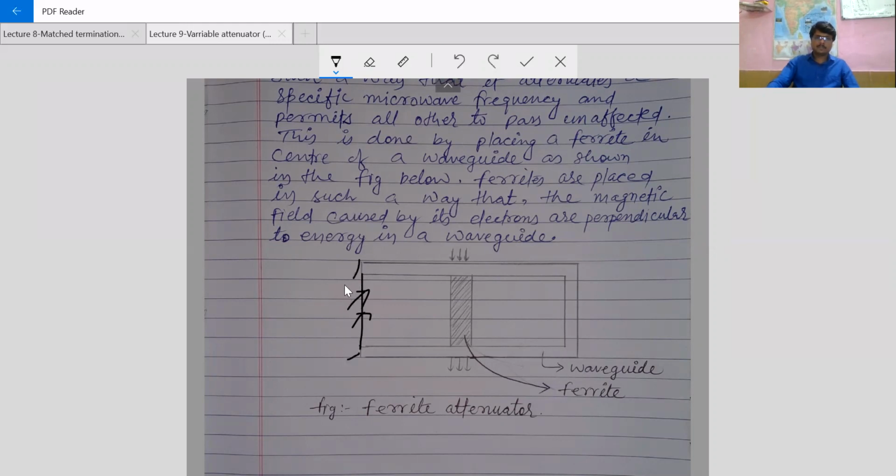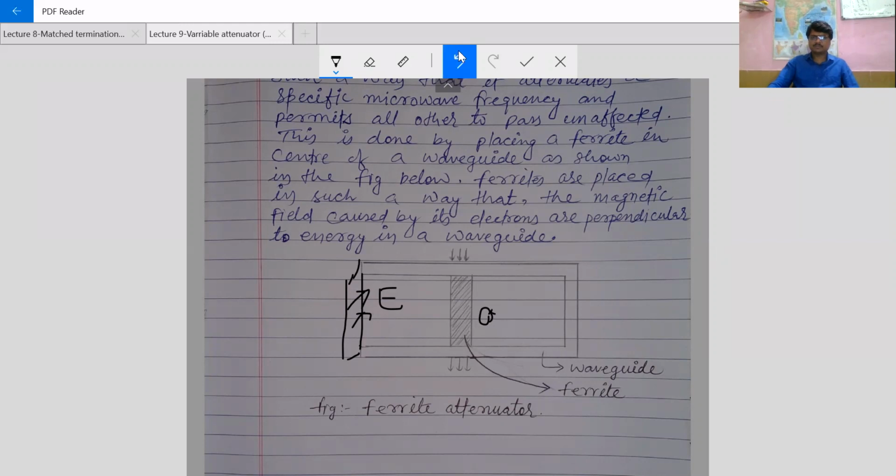And the ferrite material has free electrons, and they have spin magnetic quantities, related to the spin of the electron, because if the electron rotates like this, there will be some magnetic field.